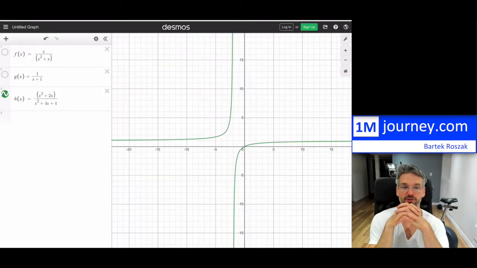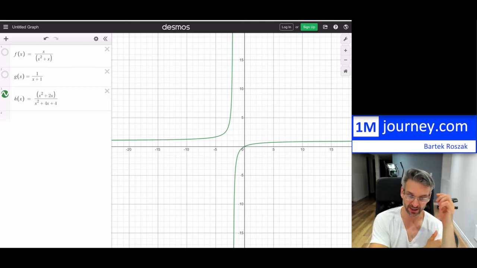All right, so there you have it. That's how it looks. This is what we have. It looks very similar to our parent function. However, notice that it kind of looks like it's just flipped around in this particular case.